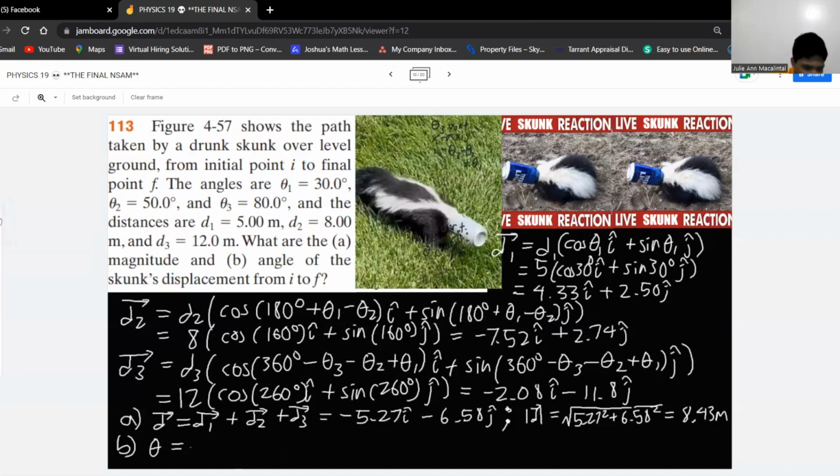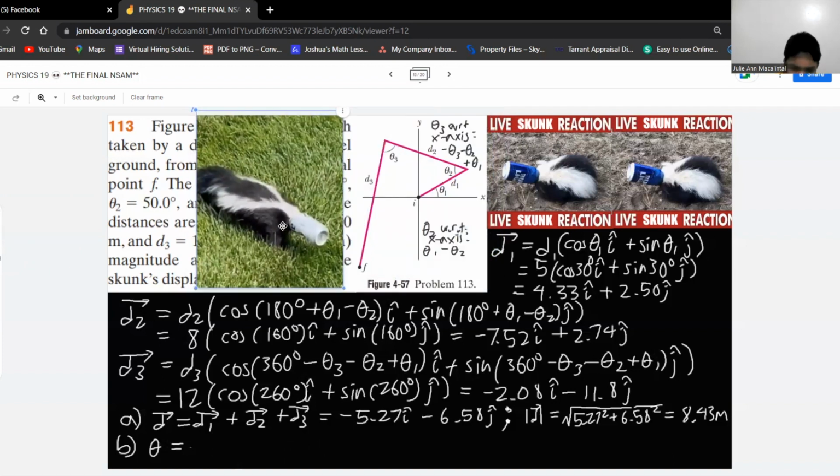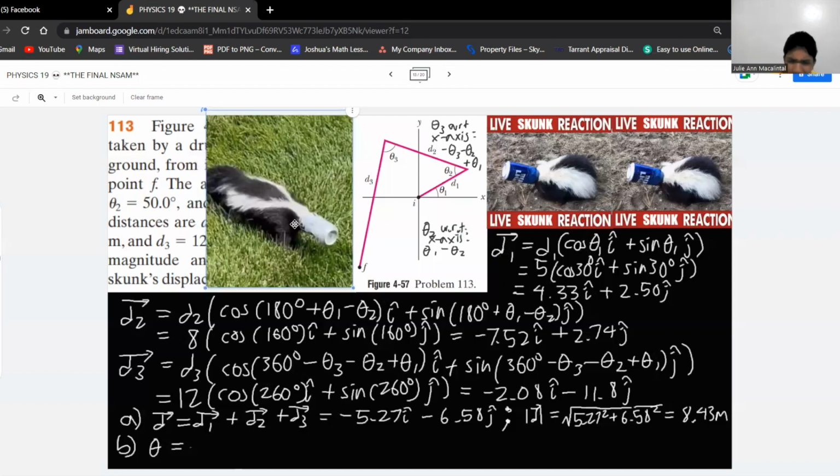The value of the tangent of theta is positive, so after taking the inverse tangent you can add 180. When I add 180, it should be around 220 to 240 degrees.